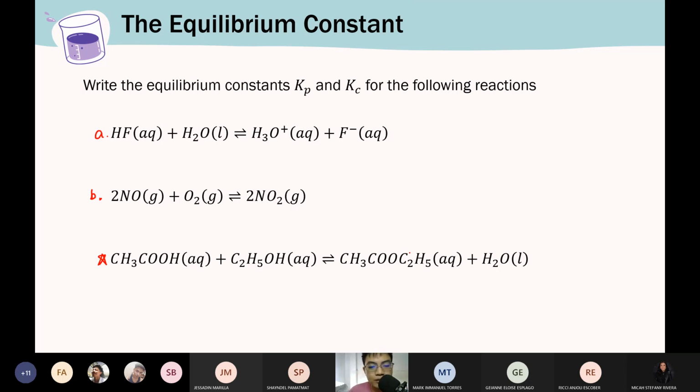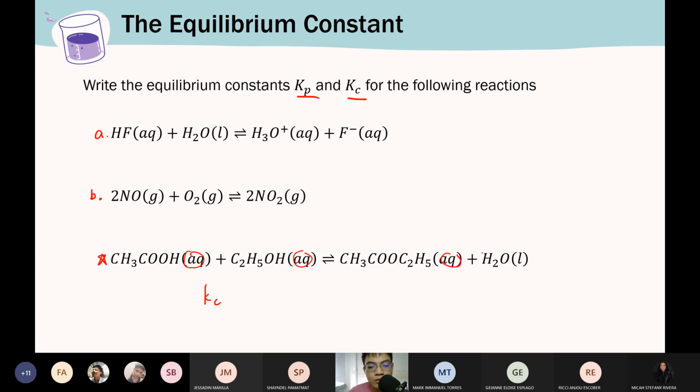So, ano gagawin ko? So I will write K. Pero ang sabi dito, Kp and Kc. So syempre, magdadalawang isip muna ako. How does my chemical species look like, no? Are they in the solid, liquid, gas, or aqueous phase? So you can see, aqueous 'to, no? And may liquid.